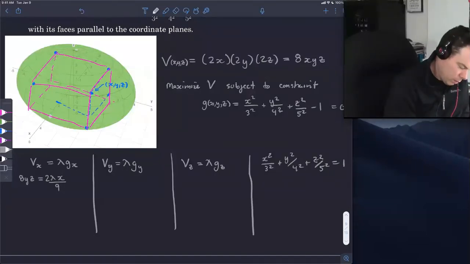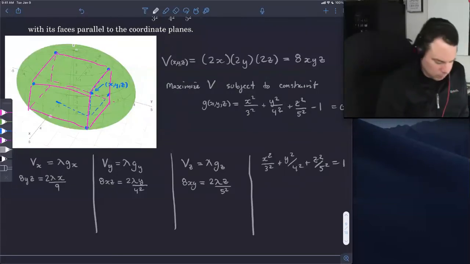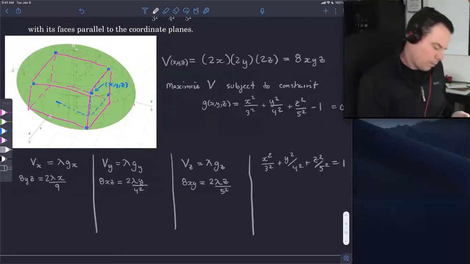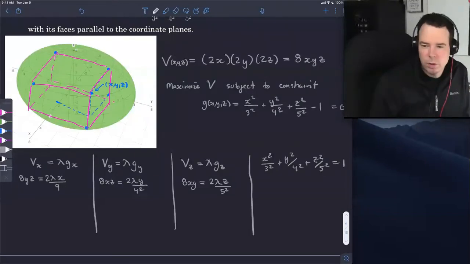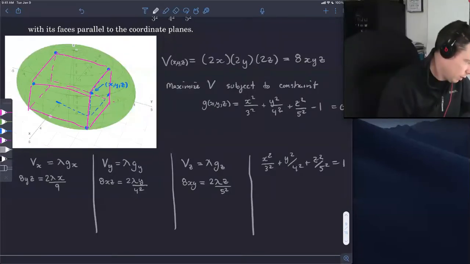Similarly for the next one, 8xz is equal to 2 lambda y over 4 squared, and 8xy is equal to 2 lambda z over 5 squared. So it's these 3 equations plus the constraint that we're going to try to solve. 4 equations, 4 unknowns. How are we going to solve these?